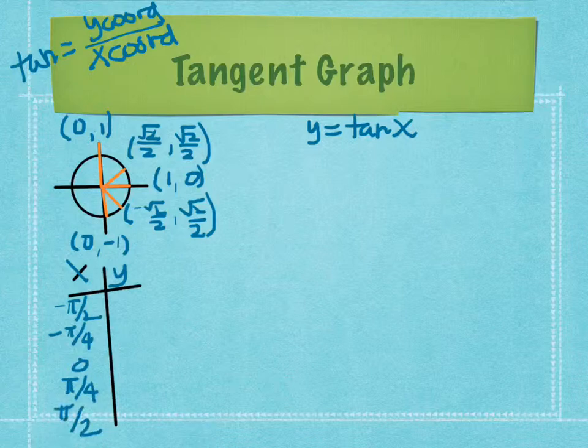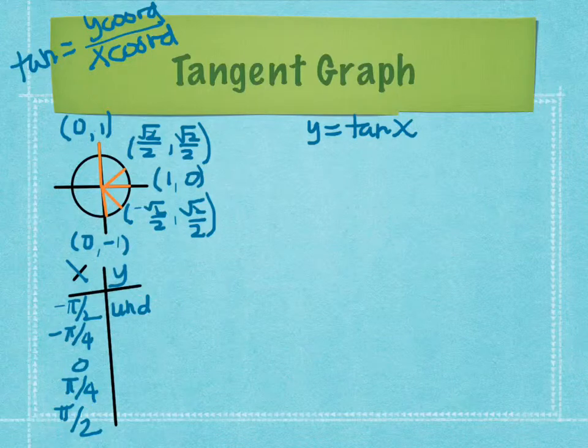At negative pi halves, if we look at the y value divided by the x value, we get negative 1 over 0, and that's undefined. I'm going to write UND for undefined here. On our graph that translates into an asymptote, just like when you did rational functions in an algebra course. At negative pi fourths, we have the same x and y value except one of them is negative, so when we divide them we get negative 1.